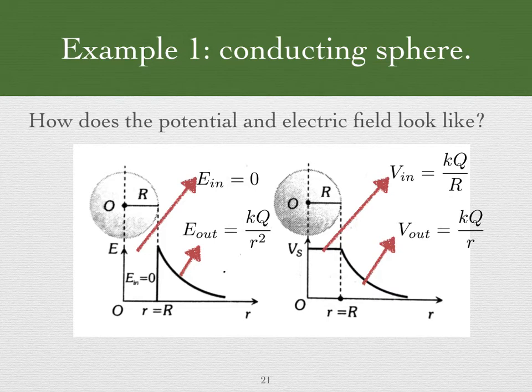Since there's no change of potential inside the sphere, there will be no electric field as well. All right, so this chart and these two plots conclude everything, qualitatively and quantitatively, about what's happening around a charged conducting sphere.